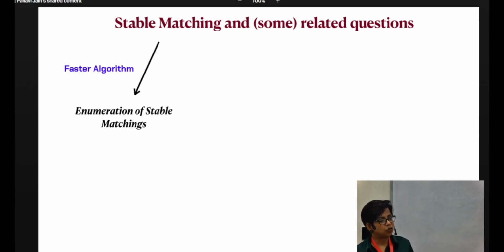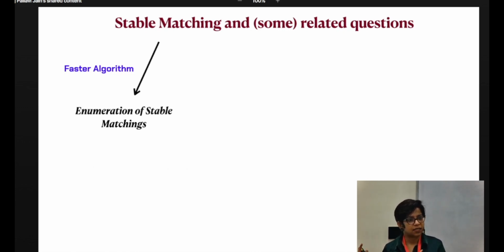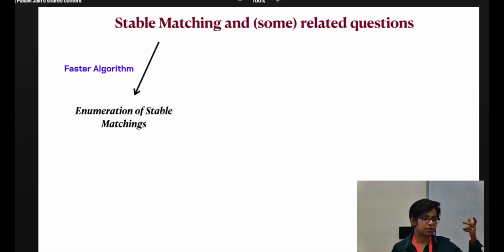But enumeration is still a very important and interesting question, and we always ask what it means to fast enumerate a set of solutions. There are two notions. One is polynomial delay: you give out m1, followed by m2, m3 and so on, and between each such step you spend a polynomial amount of time. This would be considered a very efficient enumeration.